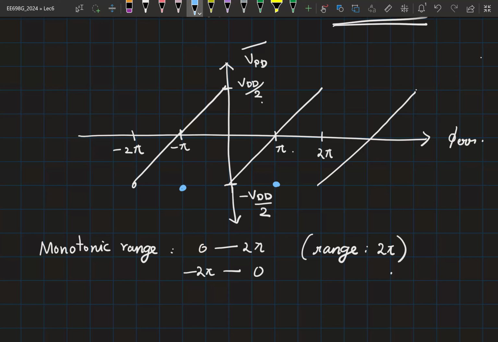Between minus pi to pi, when you hit 0, your gain suddenly can go from minus VDD by 2. Your direction can change. If you are moving from some point here to here, for small variations here, your VPD average is increasing, right? But let's say you were increasing, and then suddenly it will drop to a much smaller value, right? There is a sharp discontinuity where the value difference is very large, right? You have a VDD difference. So you would prefer to not have any discontinuities like this when you're operating.